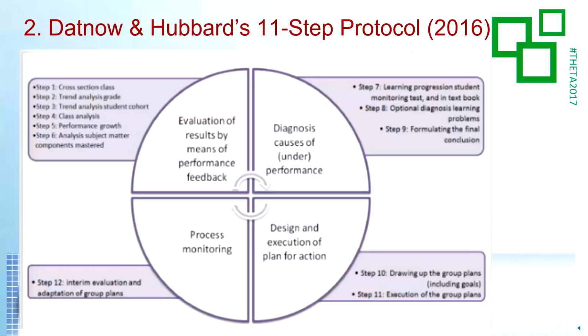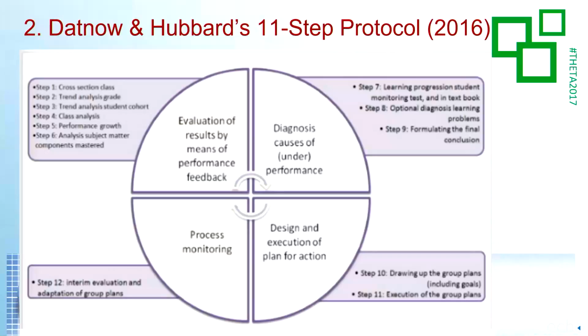The first category is about diagnosing causes of underperformance, starting from the right upper corner, okay? To diagnose the reasons for the underperformance, and then move on to design and execution of a plan of action, to have an action plan, and then move on to monitor the implementation process.